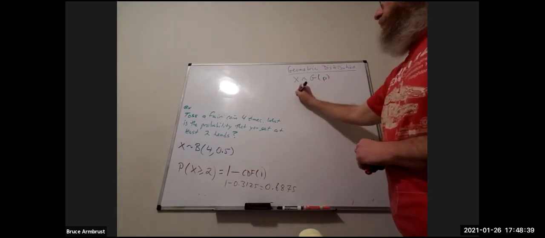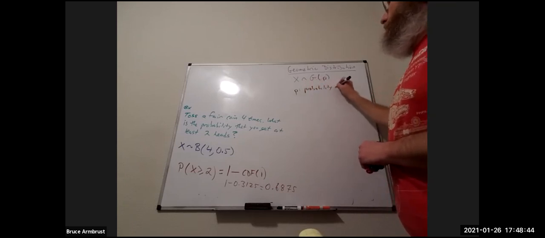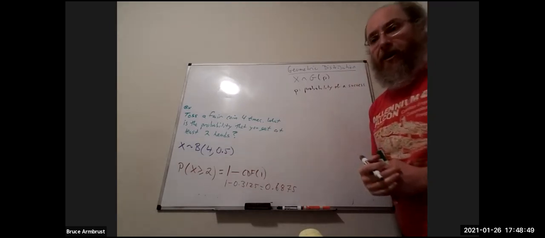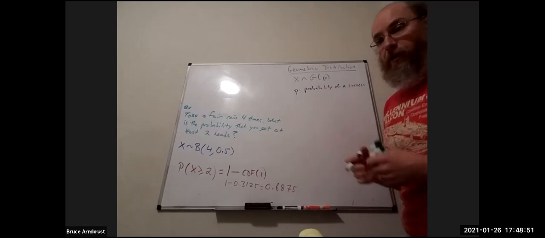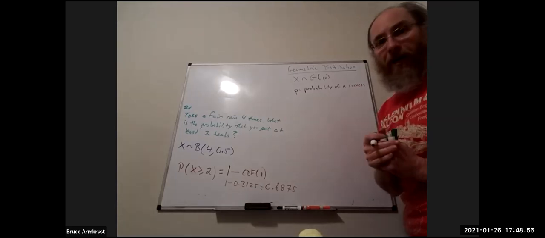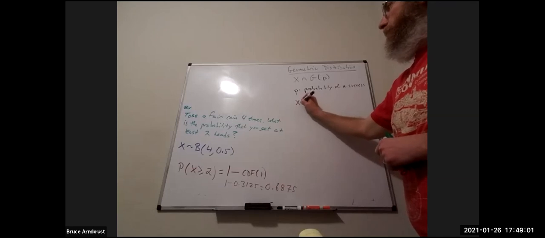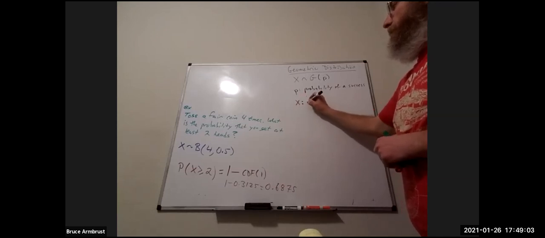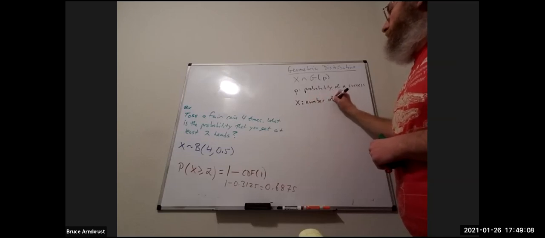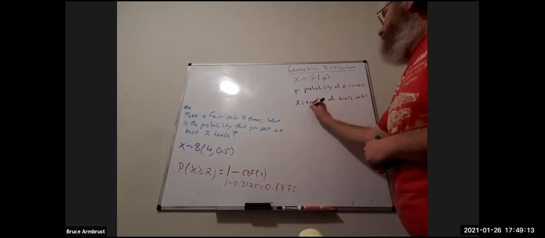Okay, so what this P is, again, just like before, this is the probability of a success. All right, so it's a successful outcome of whatever we're doing. Right? So it could be someone saying they have brown eyes or whatever. But how a geometric distribution works, what X is, this is the number of trials until success.